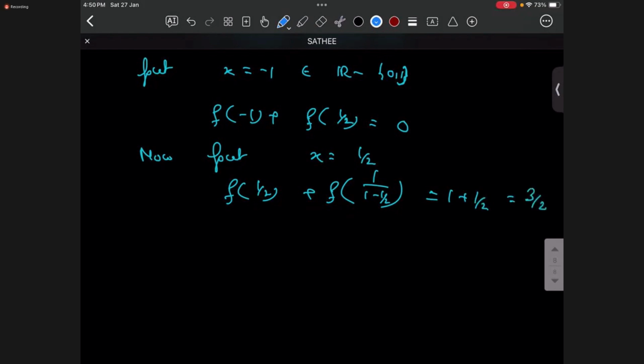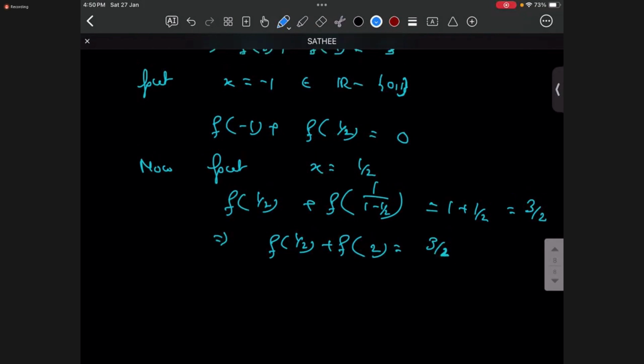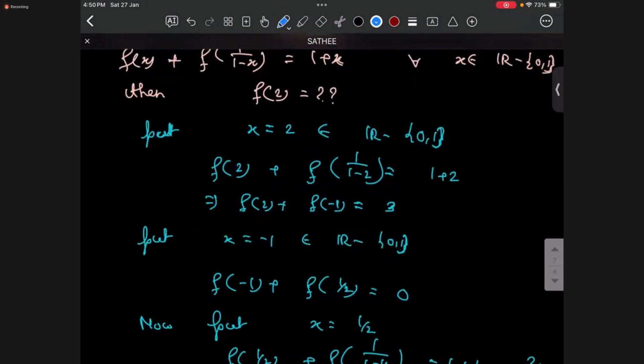This is nothing but 3 by 2. So this gives f(half) plus f of what? This should be 2. So 3 by 2.